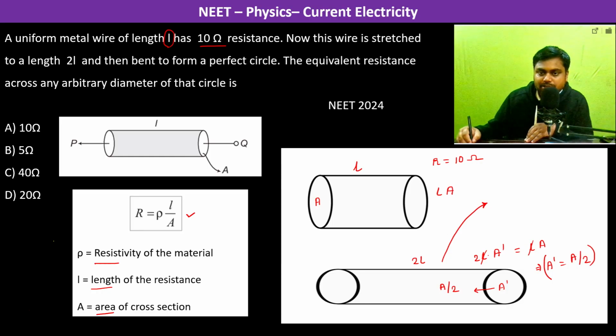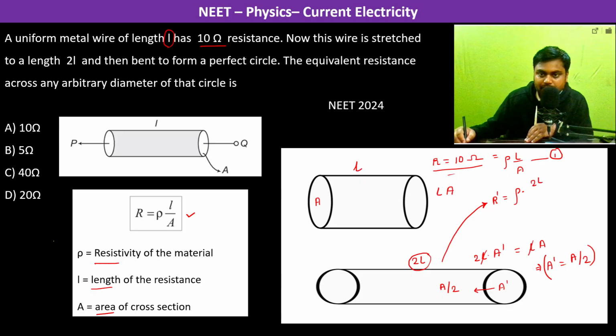So in the first case, if you see, the resistance was 10 ohm, which was equal to rho into L upon A. Now here the new resistance is equal to rho into, now what is the length? Length is 2L.